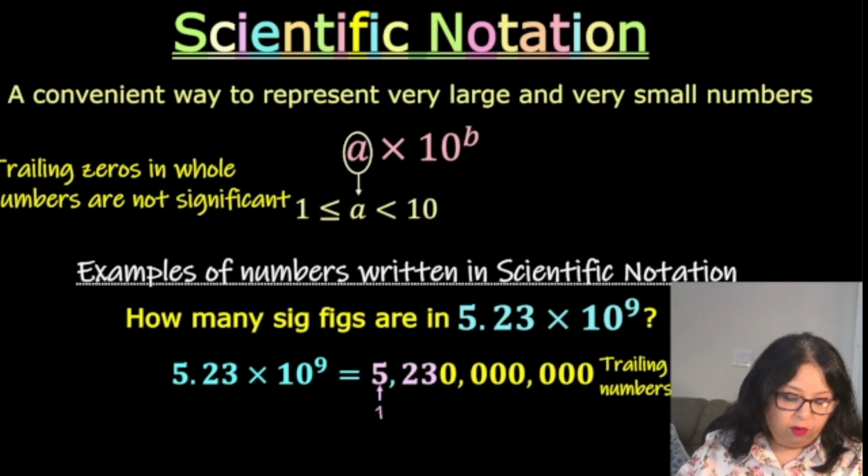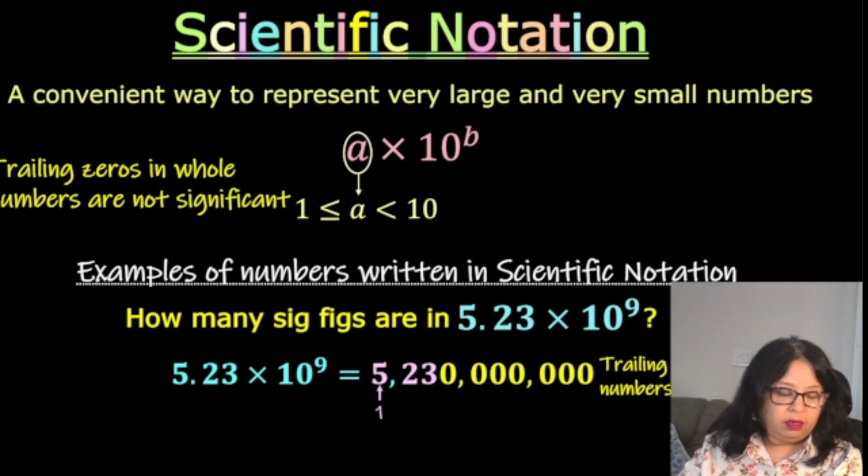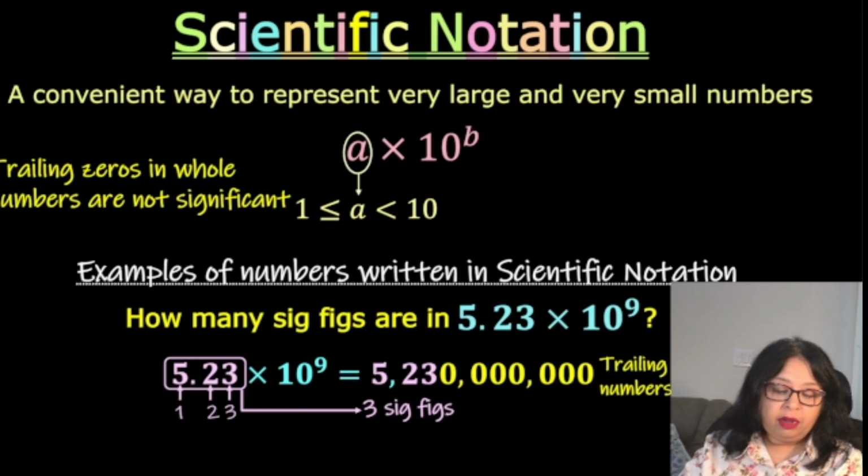Alrighty, moving on. Just a repetition of what we did. Repetition really helps the topic sink into the brain. Number of sig figs on the right hand side: 1, 2, and 3. 3 sig figs. Therefore, on the left hand side, there are 3 sig figs that are all in the coefficient a.